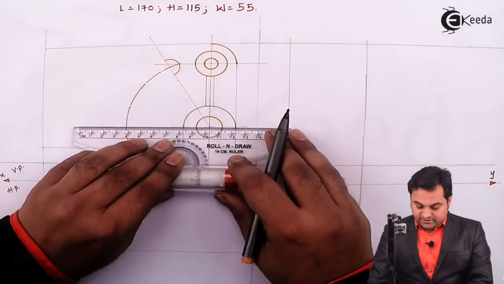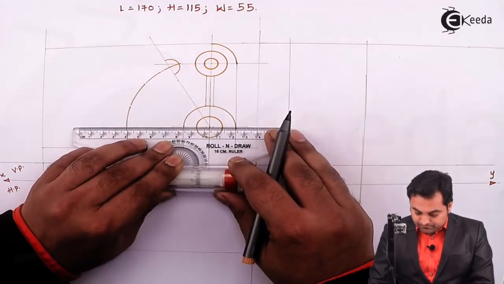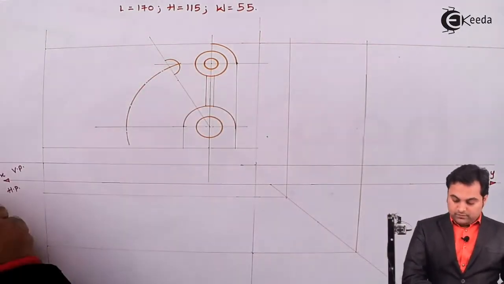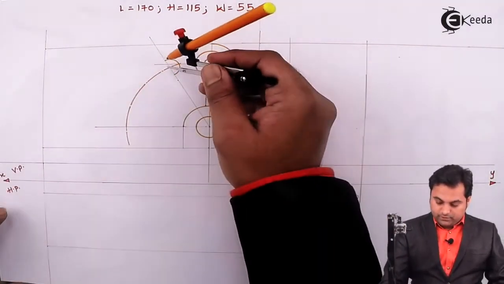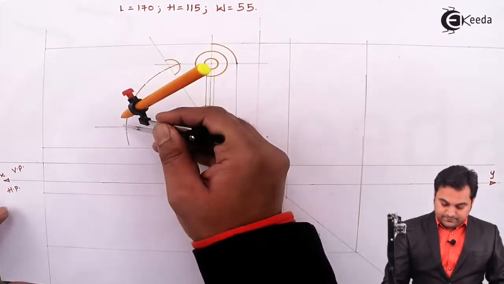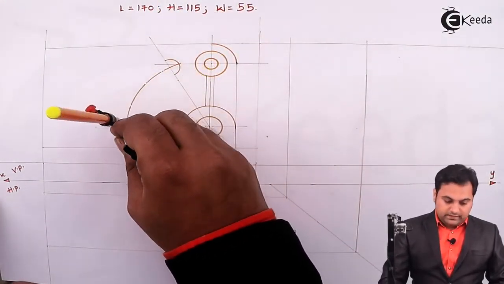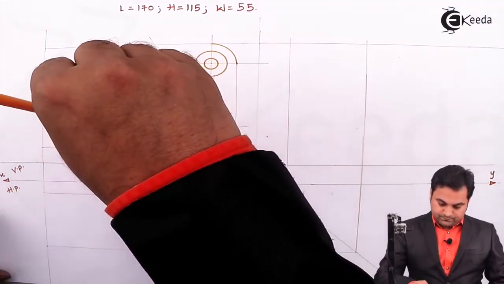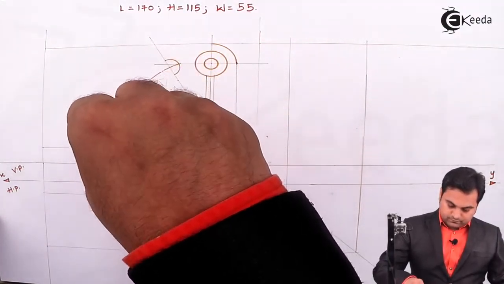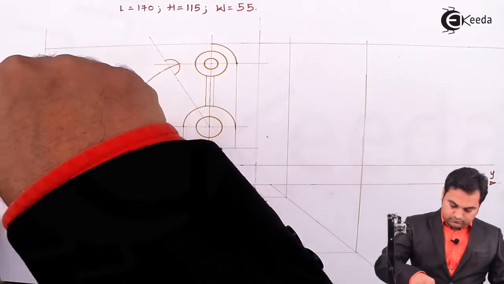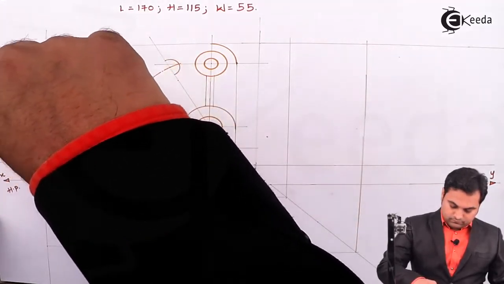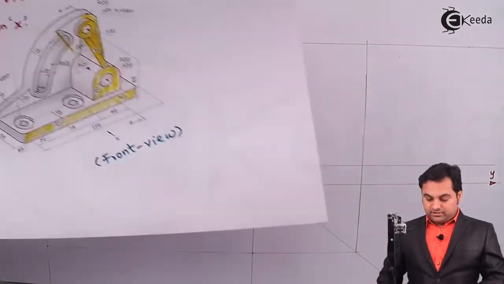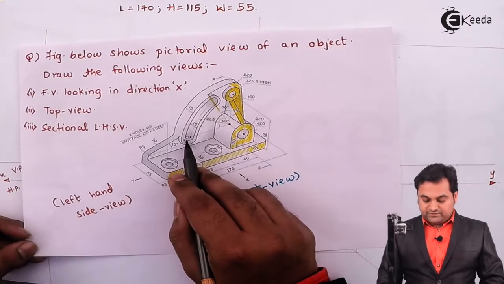So after measuring 30-degree, whatever remains, that is 60-degree, because this complete angle is of 90-degree. So I'll just extend this horizontal line. Then, keeping the same radius, I'll draw the inner circle here as well. Then the outer semicircle is having radius 15 mm.